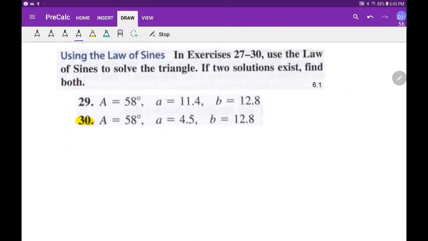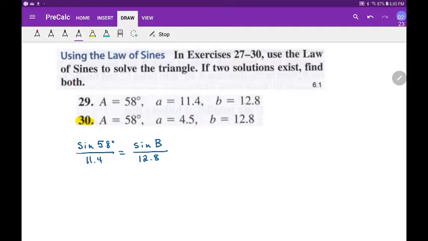So we say to ourselves, okay, the sine of A over the side, well, they tell me it's 58, I should say 58. The sine of 58 over the side A is equal to the sine of B, which I don't know, and I don't know what this triangle looks like, that's part of the problem, over 12.8.